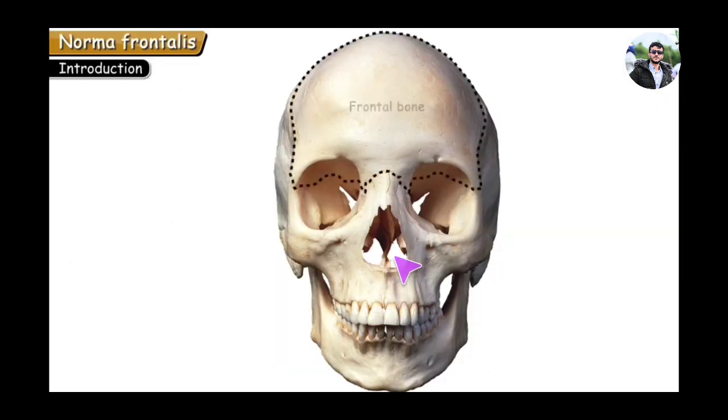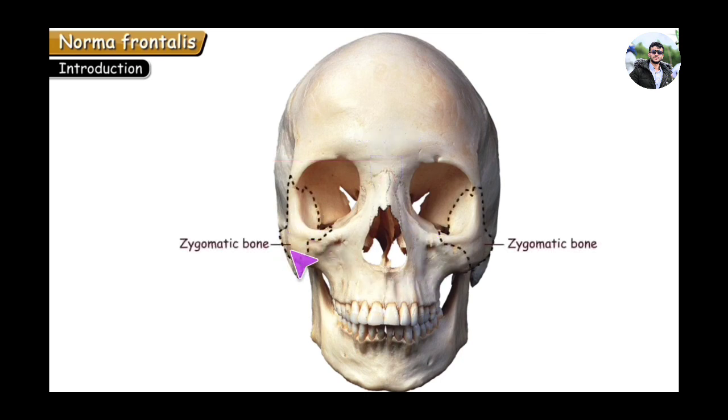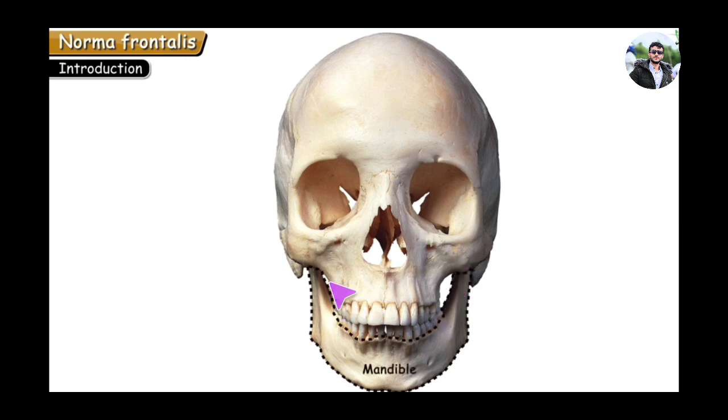To take a summary of what we talked about: this bone is the frontal bone, and these are the two orbital openings. Beneath them there are two maxilla bones, and there are two nasal bones between the two maxillae. Laterally on each side there is the zygomatic bone, which forms the cheek and the face.